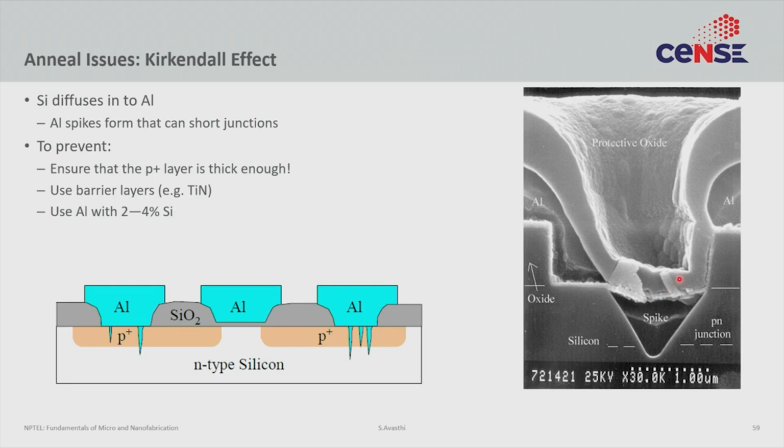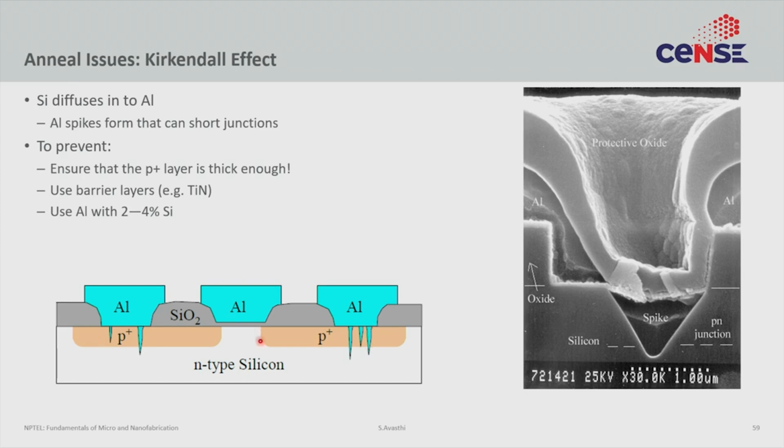The solid solubility is high, the diffusion coefficients are high, and if silicon goes from here to here, then you would form a void, right? You would form a lack of silicon. And what will this lack of silicon be filled with? Well, there is nothing there, so aluminum will take its place. So, what actually that does is you create these spikes in silicon, you essentially etch the silicon, and these etches can often short your devices.